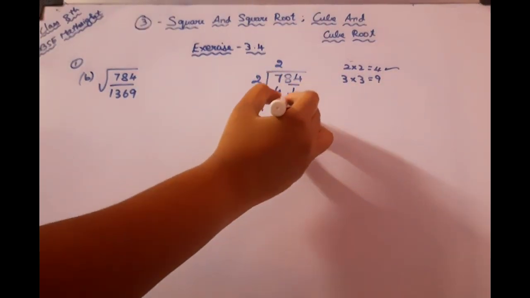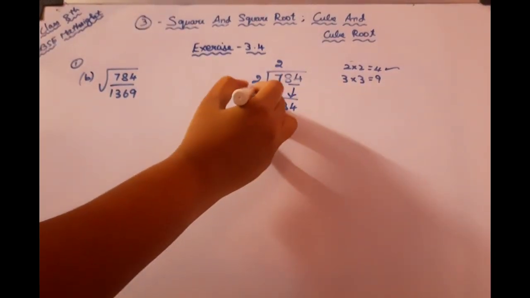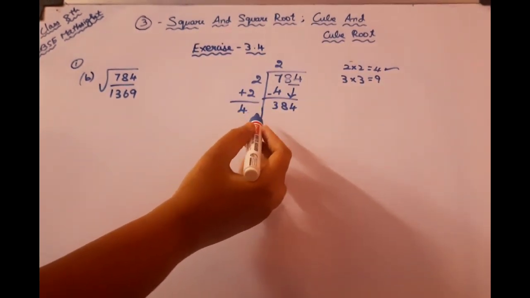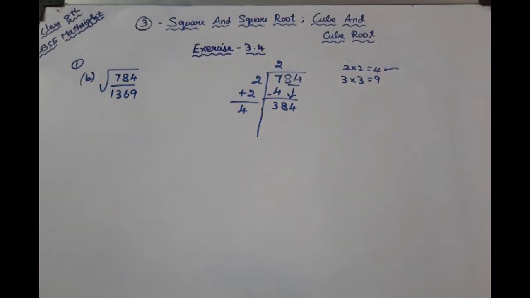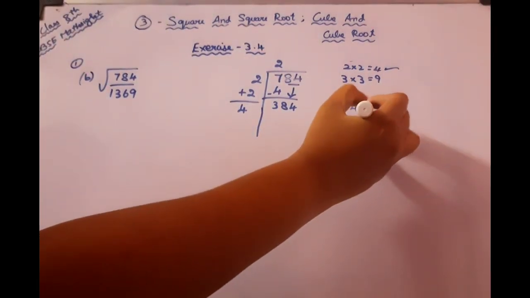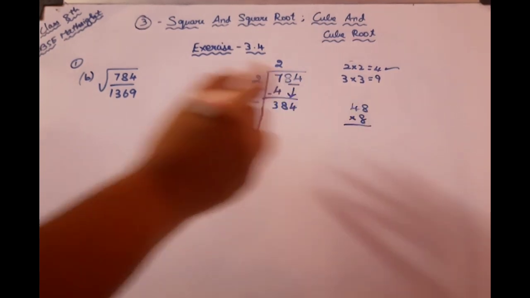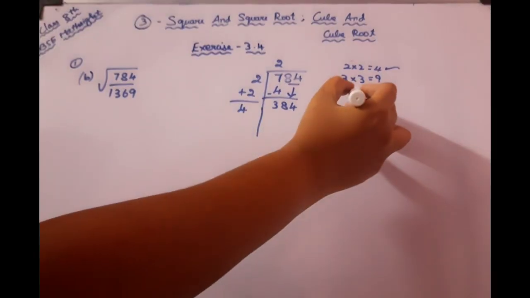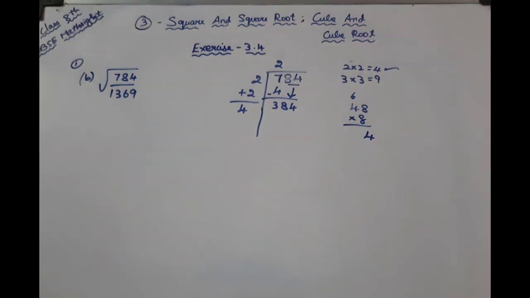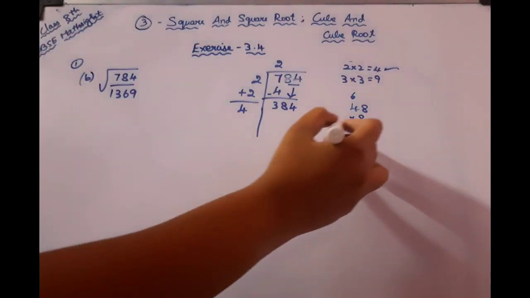Next we can take 84. So 2 plus 2, we get 4. Now what number can we substitute along with 4 so that we get a value nearer to 384? We can take 8, 48 into 8. 8 into 8 is 64. 8 fours are 32, 32 plus 6 is 38.